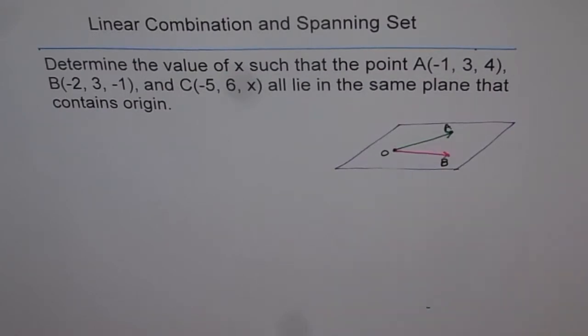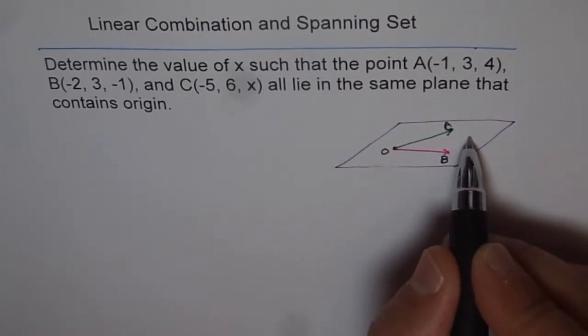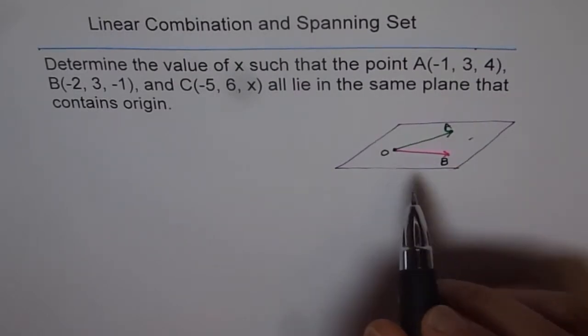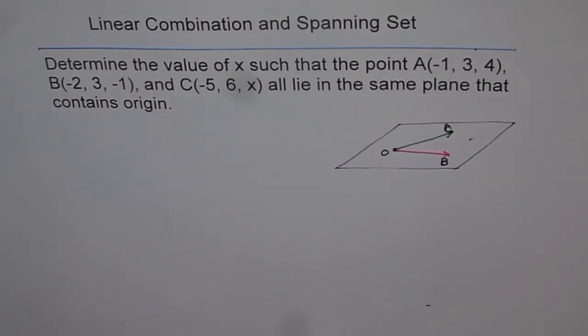They can span anything which is in this plane. That is important. So if point C is on the plane, then it can be spanned by the vectors OA and OB. In other words, OA and OB will form a spanning set for the vector OC. That is how we are going to approach this problem.